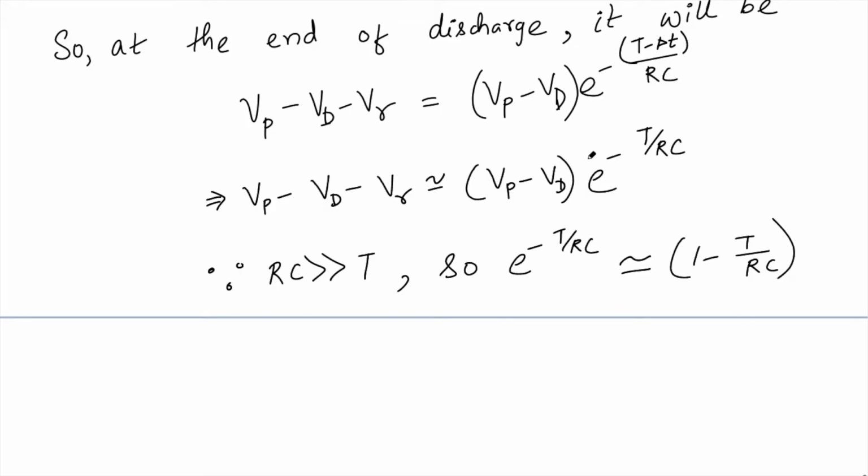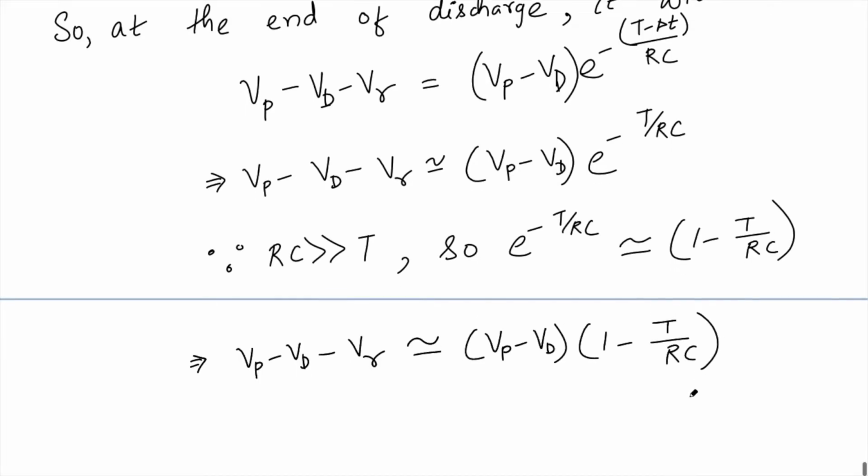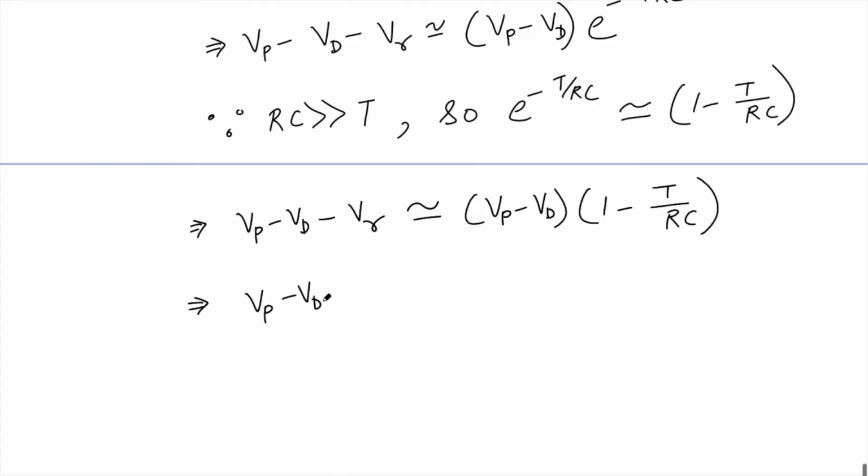So if I substitute this one, then what I'll get is VP minus VD minus VR is approximately equal to VP minus VD times 1 minus T by RC. Okay, so simplify it.